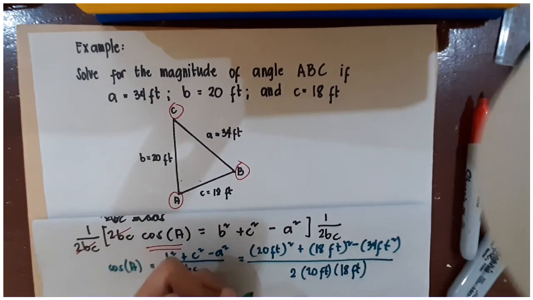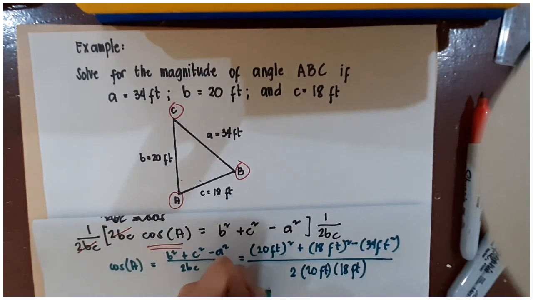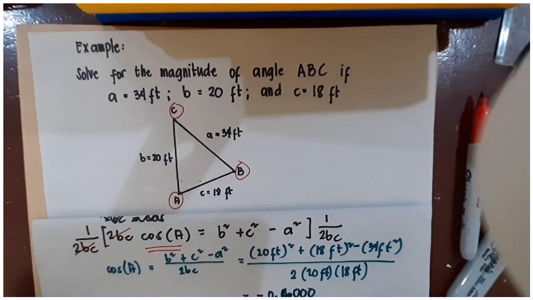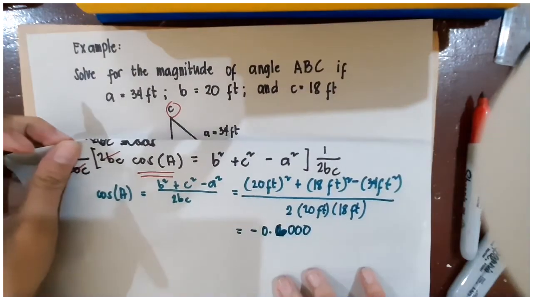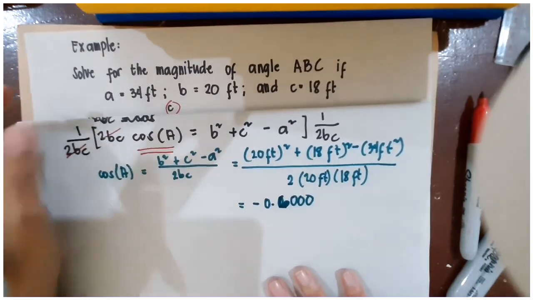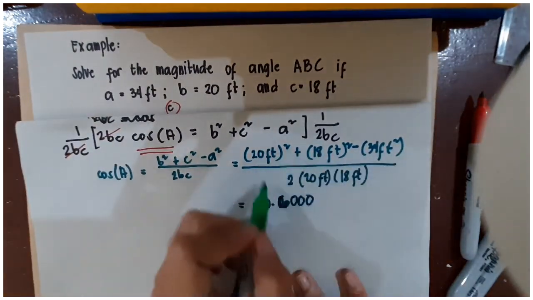So you will get negative 0.6000. That is the value you will get if you solve this one.